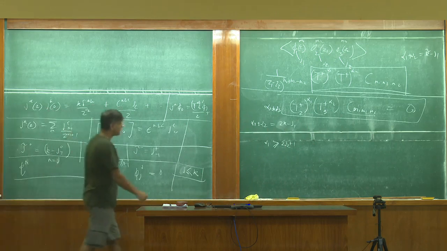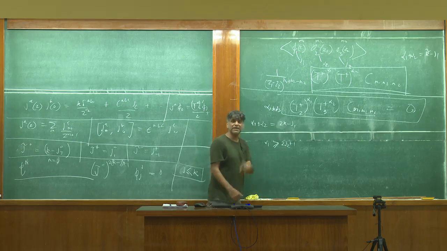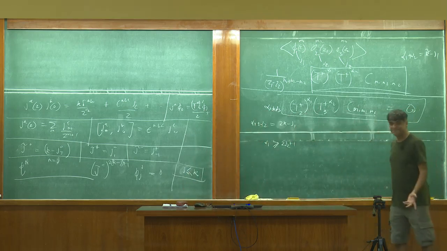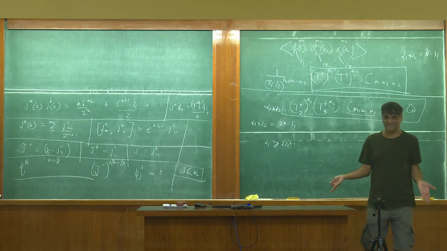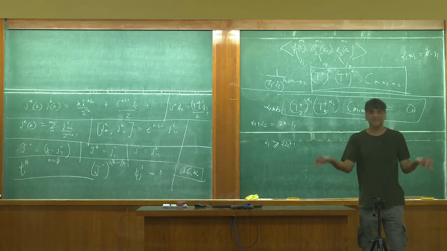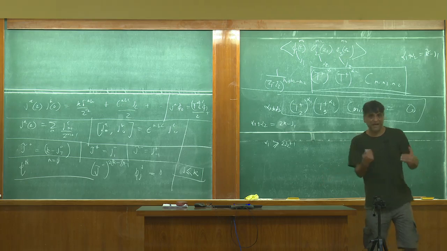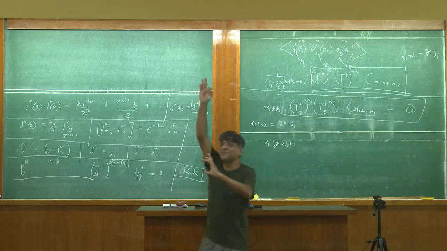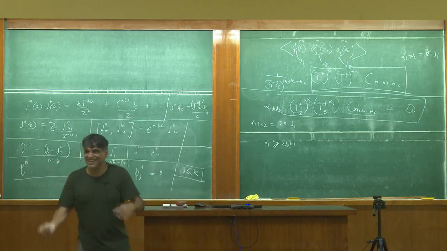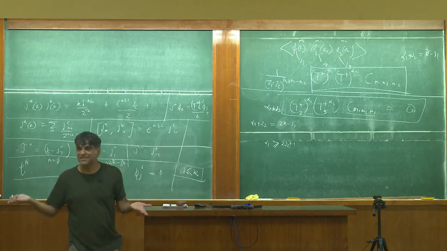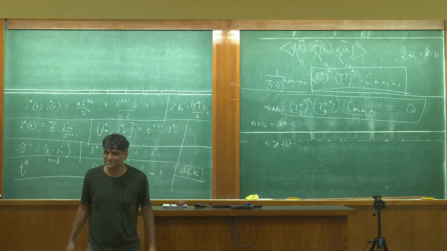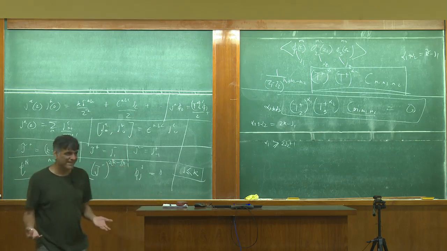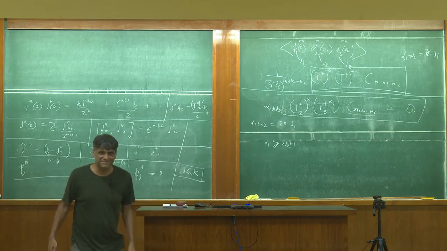Suppose alpha 1 was greater than or equal to 2j2 plus 1. In this case, this would be trivial, because any state in J2 when raised more than 2J2 plus 1 times gives you 0. This is clear, right?